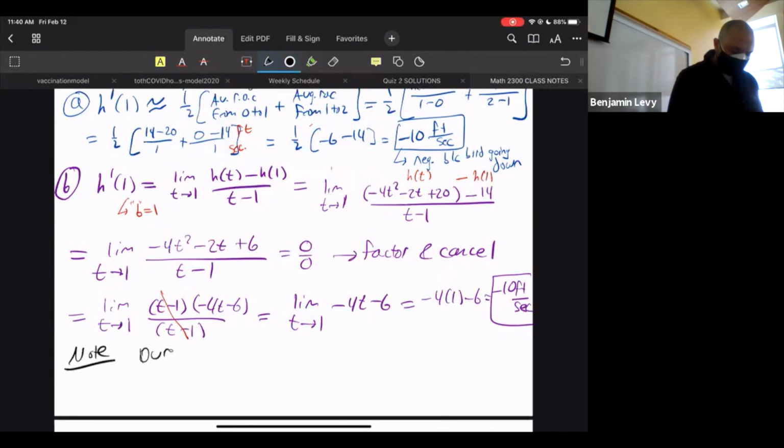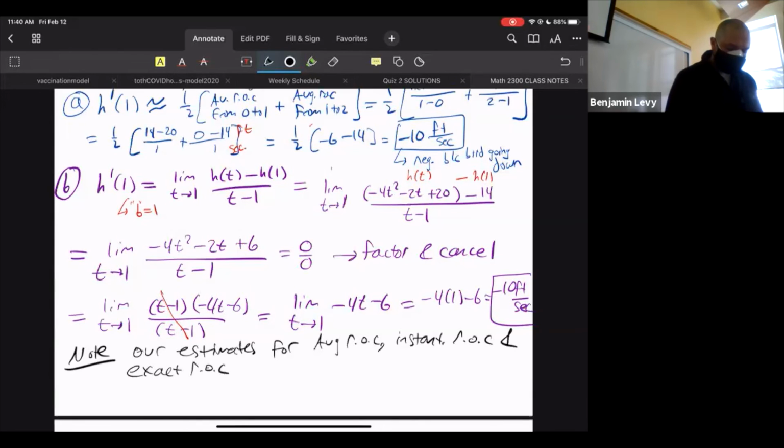So our estimates for the average rate of change, instantaneous rate of change, and the exact rate of change were all minus 10.